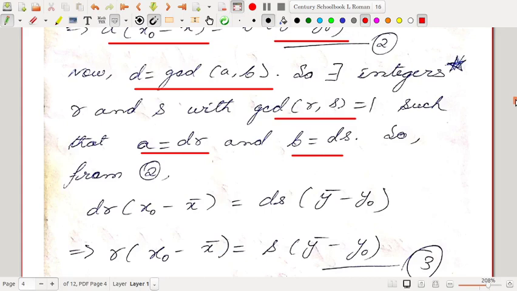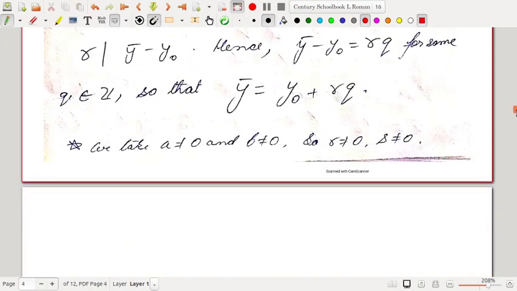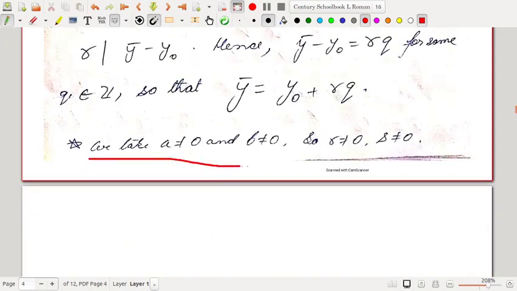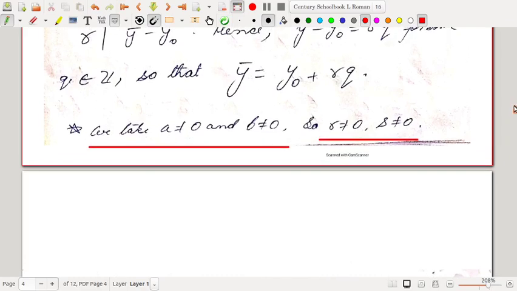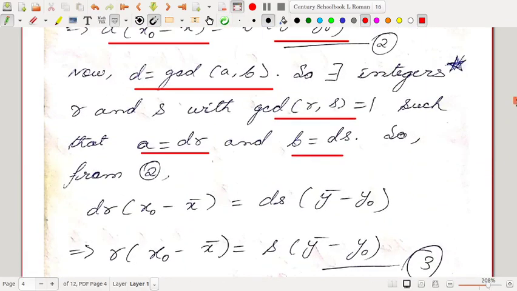Here I have given one star mark to say that we have assumed that A and B are both non-zero, so R and S are also non-zero. We will do the zero case later.